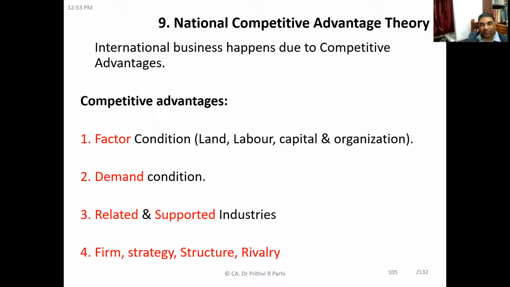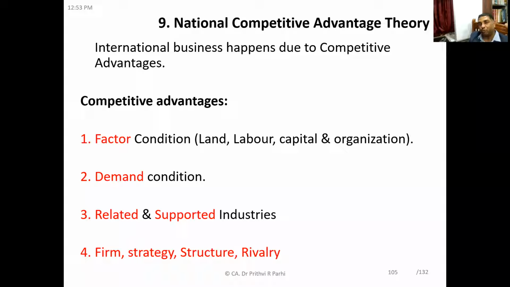Competitive advantages can also come from firm strategy, structure, and rivalry. Okay, firm strategic decisions, or let us say firm organization structure, or the rivalry situation or competitive situation is such that it is advantageous for a particular company. Right. So this is referred to as national competitive advantage.